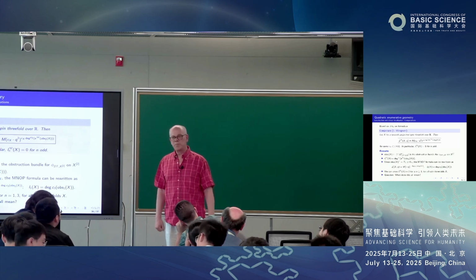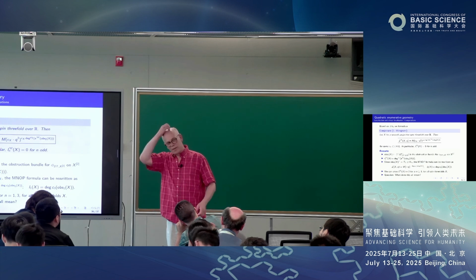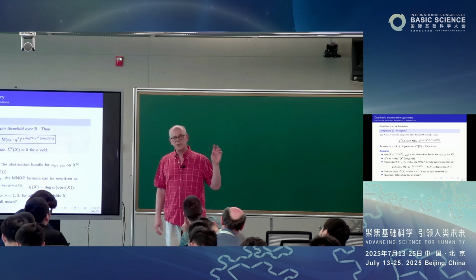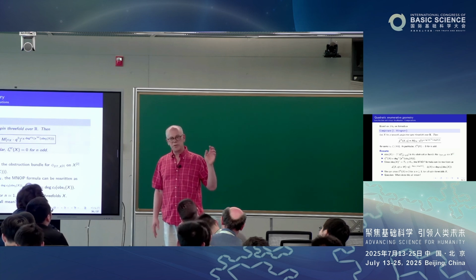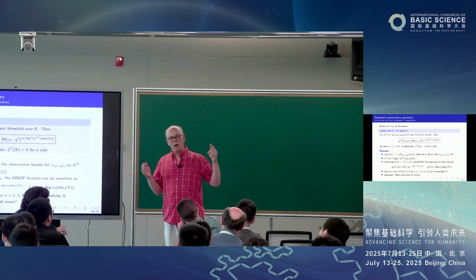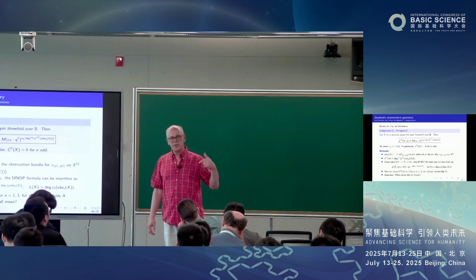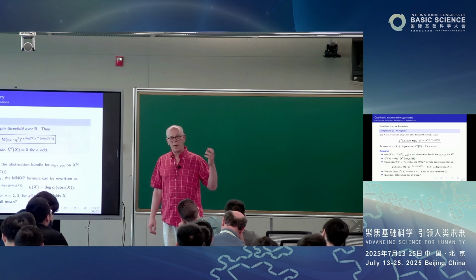Then there was work of Takeshi Saito, which tells you about the discriminant of that form in terms of the discriminant of the Galois representation. You have the Galois representation on the étale cohomology of the smooth projective variety.